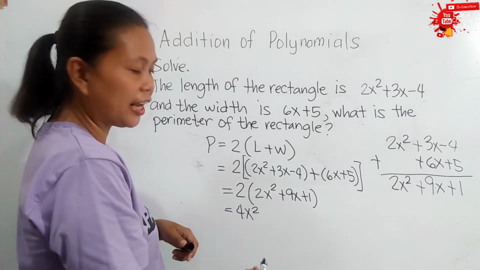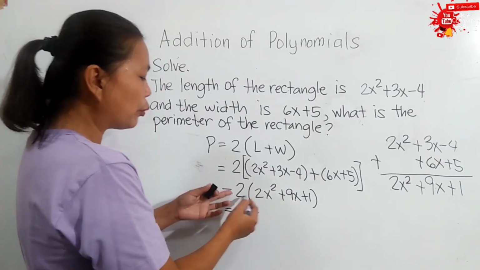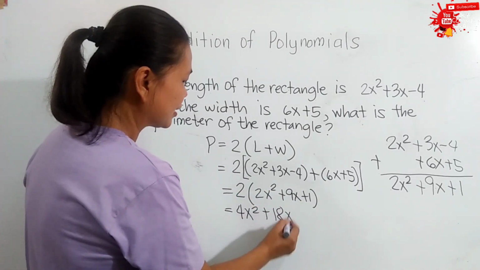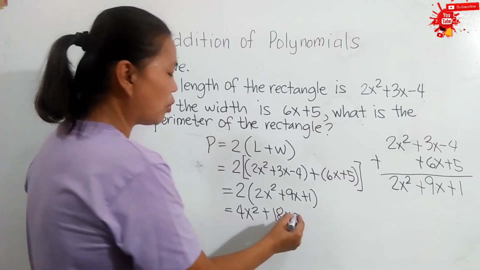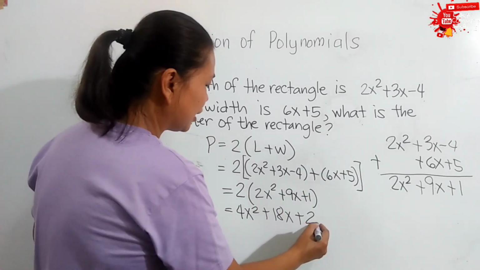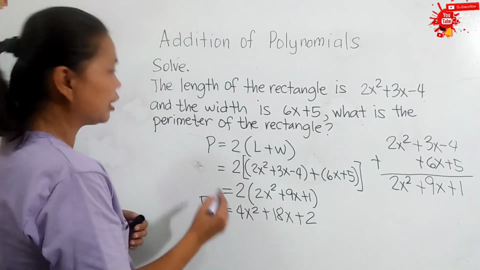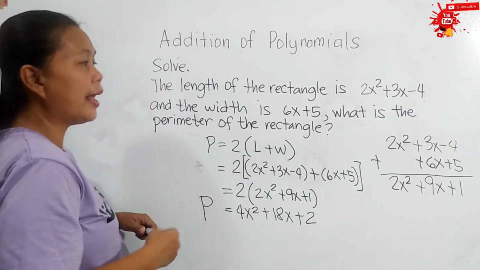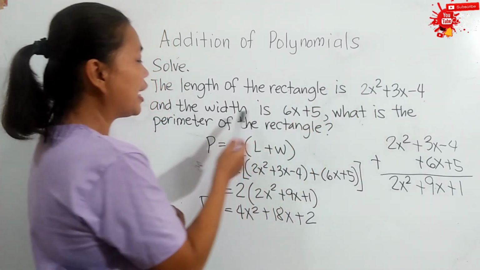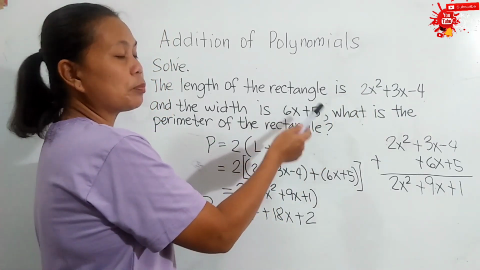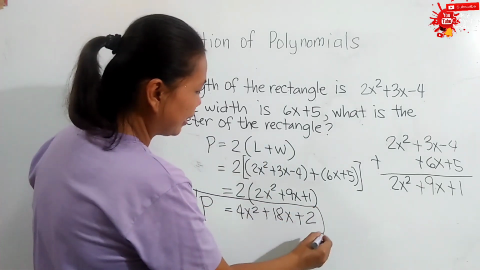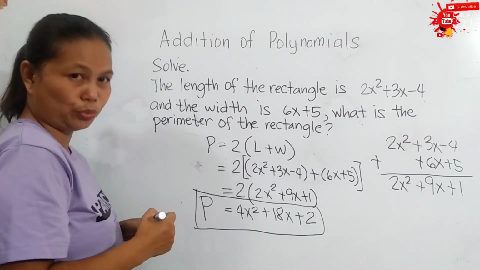Then positive 9x plus positive 9x, or 2 times 9, so we have 18x. Then positive 1 plus positive 1, or 2 times positive 1, we have positive 2. So therefore, the perimeter of the rectangle having the length 2x squared plus 3x minus 4 and the width 6x plus 5 is 4x squared plus 18x plus 2.